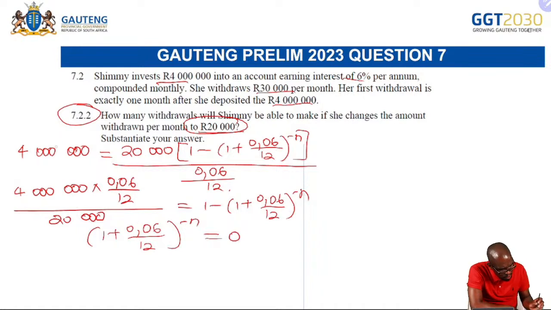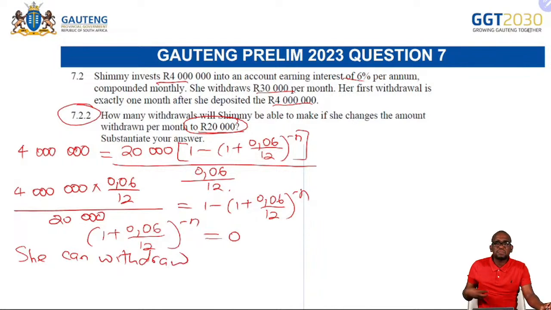So now this means that Shimi would be able to withdraw this money infinitely many times.